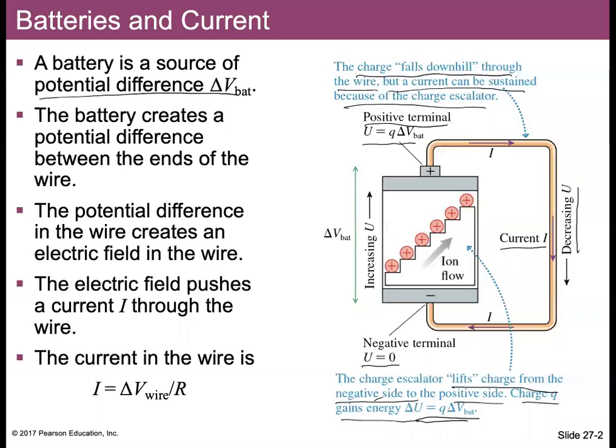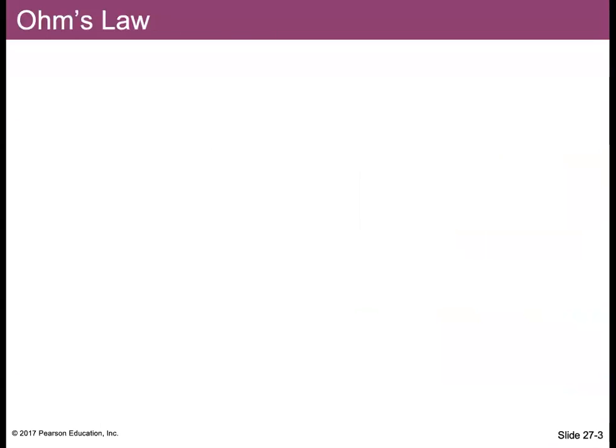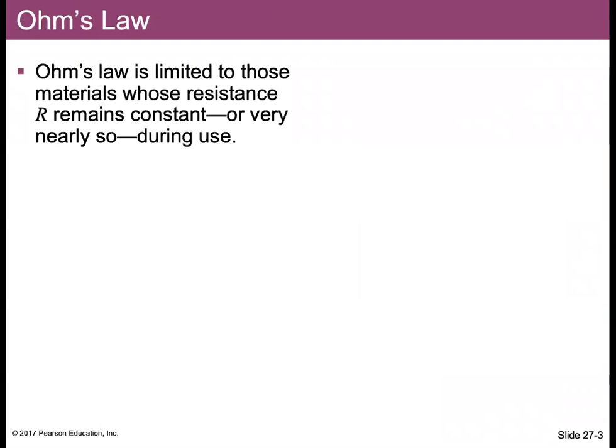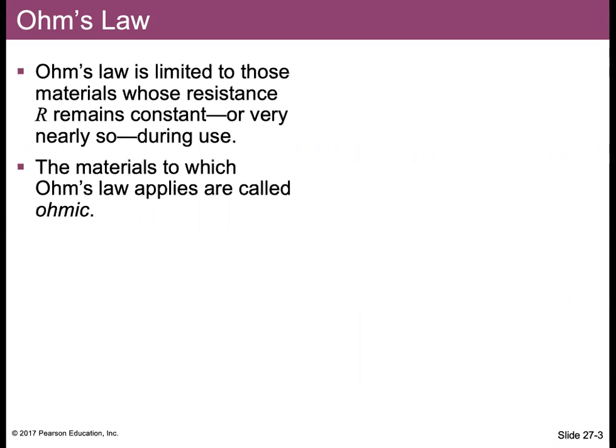So let's look at Ohm's law. Ohm's law is limited to those materials whose resistance R remains constant or very nearly so during use. Those kinds of materials we call ohmic.